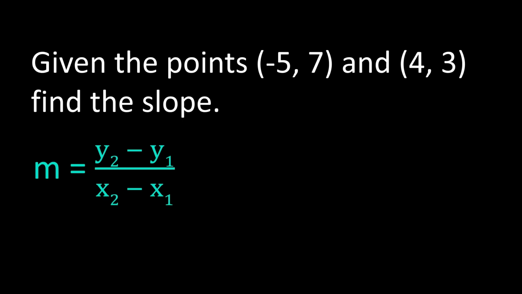It doesn't matter which one. I just recommend that you label the points. So I'm going to let -5, 7 be my x1 and y1. That means 4, 3 will be my x2 and y2. If I have them labeled, when it's time to begin substituting those values into the formula to calculate the slope, that step is a lot easier.